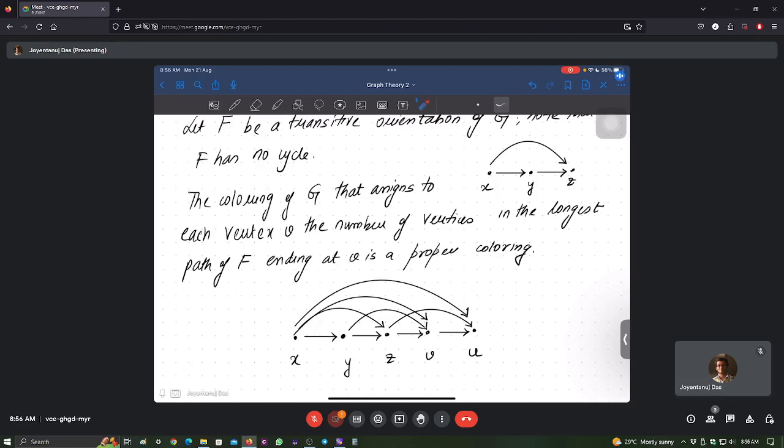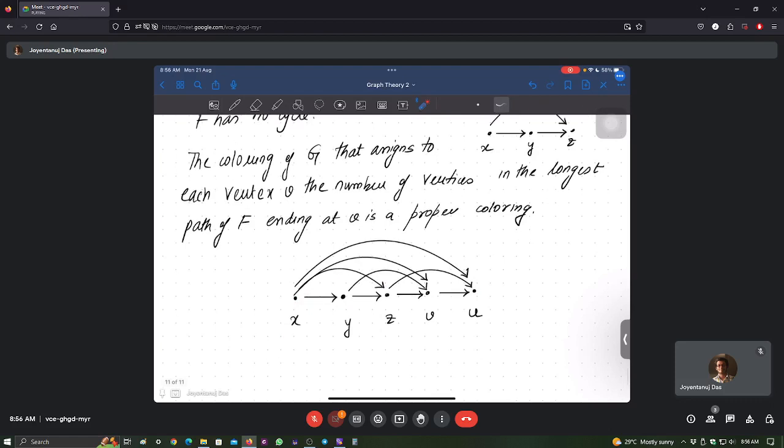So that's why if I take a proper coloring of this path, then I am done, because each vertex will get a unique color because of the adjacency, right? So this will be a proper coloring.